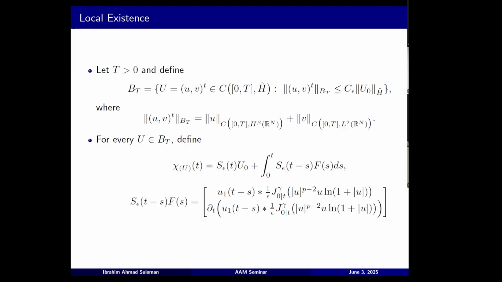So here we define the operator chi sub u as this. S epsilon t u0, we are referring to the solution of the linear equation, but a vector now. You have u, the first component, and its derivative, the second component. And down here is what I explained what we mean by S epsilon t minus s, which is actually a group since the linear solution exists for all time.